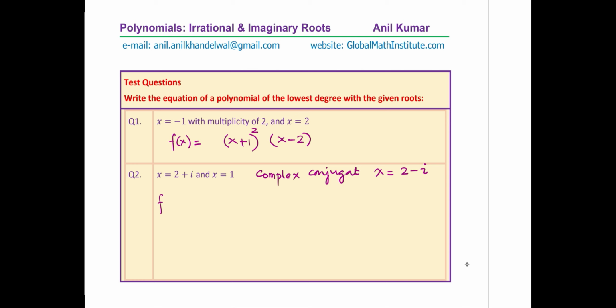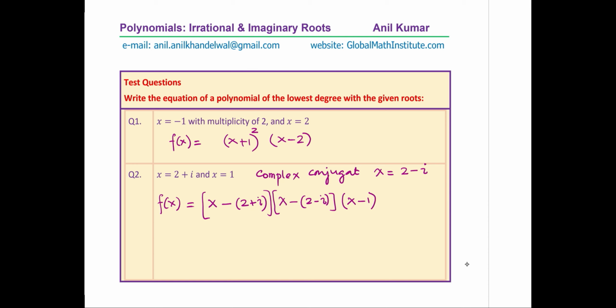Now, in this case, you could write the polynomial function as x minus 2 plus i. That becomes one of the factors, correct? And also x minus 2 minus i. And then we have another root which is at 1. So that could be x minus 1, right?